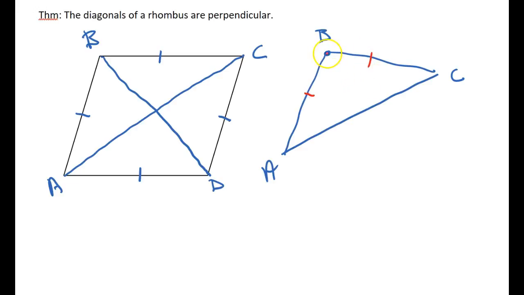So what do we know about points that are equidistant from the endpoints of a segment? They lie on the perpendicular bisector. Okay, so that's why the diagonals of a rhombus are perpendicular, because the diagonals are actually perpendicular bisectors of each other.